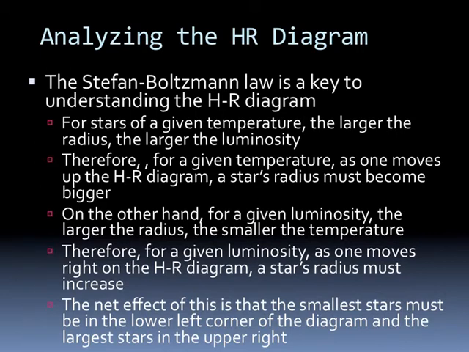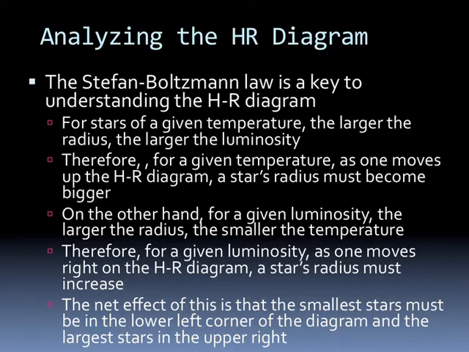The Stefan-Boltzmann law is the key to understanding the HR diagram. For stars of a given temperature, the larger the radius, the larger the luminosity. Therefore, for a given temperature, as one moves up the HR diagram, a star's radius must become bigger. On the other hand, for a given luminosity, the larger the radius, the smaller the temperature.